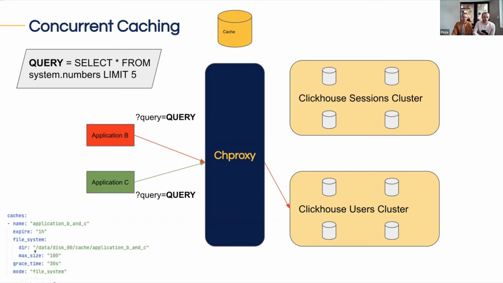If the query takes more time than the grace time, then after the 30 seconds, Chproxy will also forward the application C query to the ClickHouse user cluster. But if the first query took less than the grace time, then the result will be persisted to cache, and application C will get its result directly from the cache. So basically, it's a neat feature to save resources on our ClickHouse clusters.